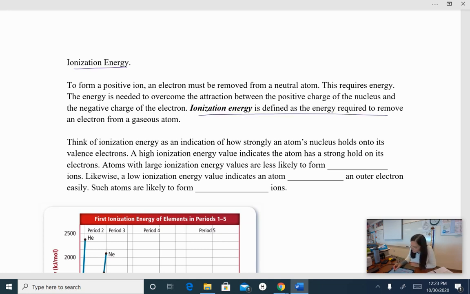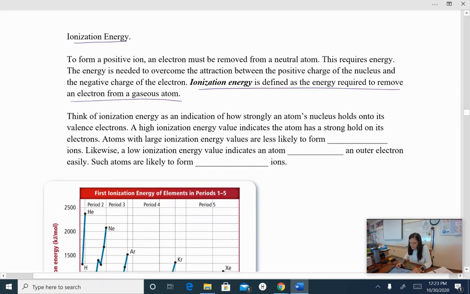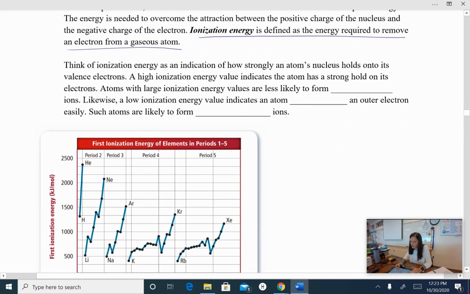Ionization energy is defined as the energy to remove an electron from a gaseous atom. Think of ionization energy as an indication of how strongly an atom's nucleus holds on to its valence electrons. A high ionization energy value indicates that the atom has a really strong hold on its valence electrons. Atoms with a large ionization energy are less likely to form positive ions.